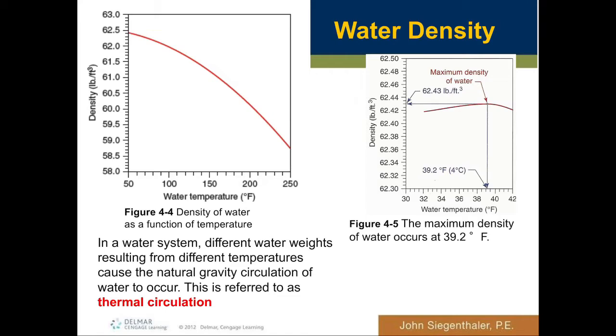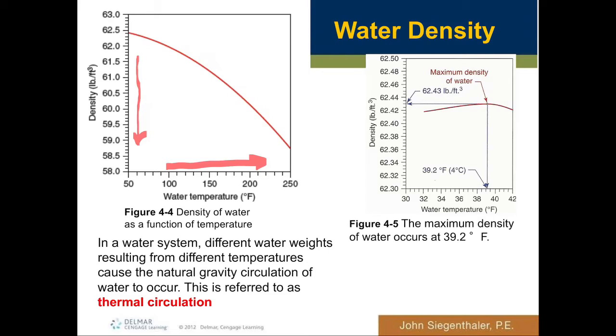It's an unusual phenomenon that it starts to go lower, and we're talking minute amounts. When you go from 39 degrees down to 38, 37, and so on, the density becomes a little bit less. And when you go much warmer, you'll notice in the picture on the left side how, as the water becomes warmer this way, the density decreases.